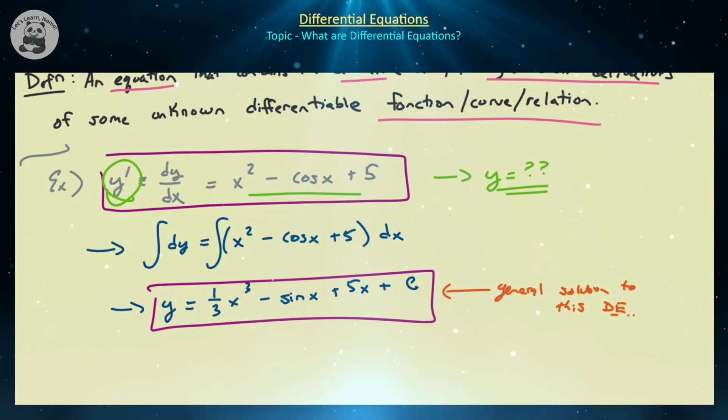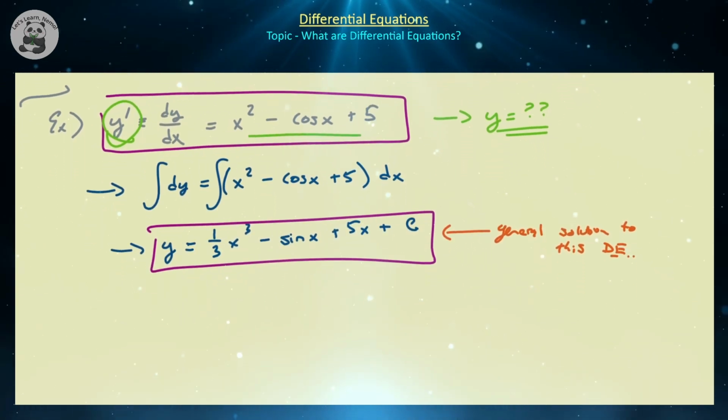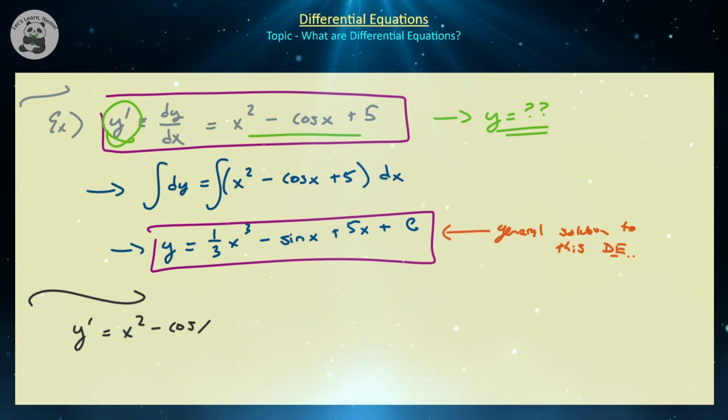Now, if you draw a bunch of these curves for various values of c, you're going to get infinitely many looking curves. But sometimes we want a particular solution. So for example, let's assume that we have the differential equation y prime is equal to x squared minus cosine of x plus 5, and let's assume that we know an extra piece of information about that actual solution.